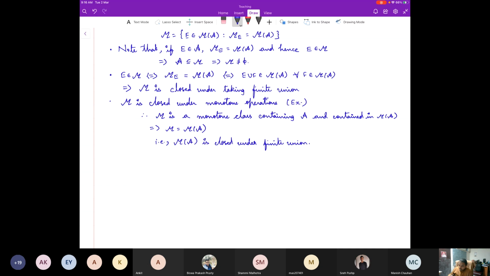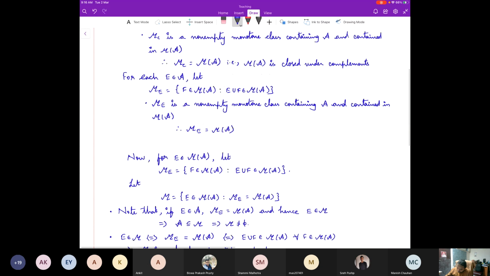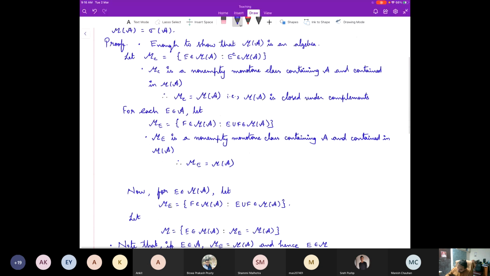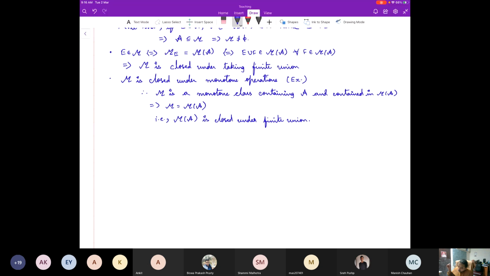That's it. We have already shown that M of A is closed under complements, and now we have shown that it is closed under finite union. Done. So these are the two things.